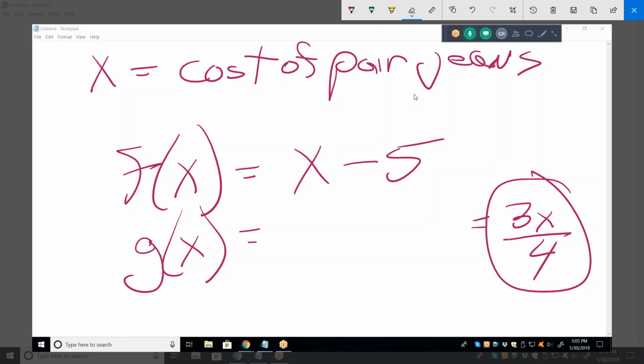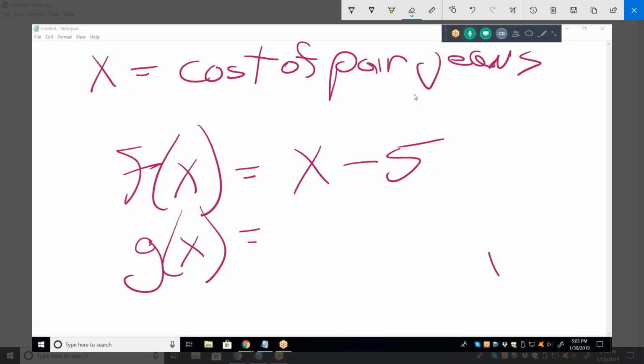Find g of f of x. Okay. Here, let me erase some stuff so I have room. And we could spend the whole rest of the time on this problem because it has an A, B. We don't really need to.